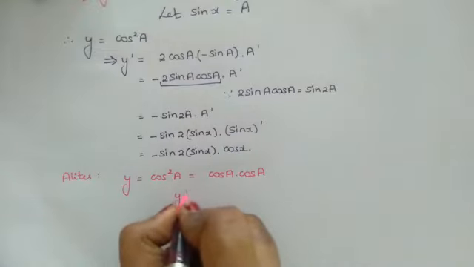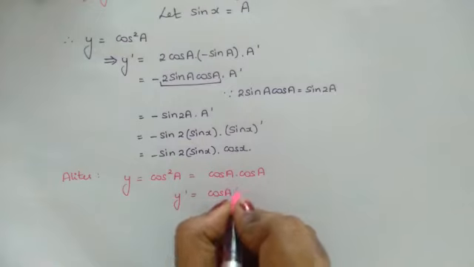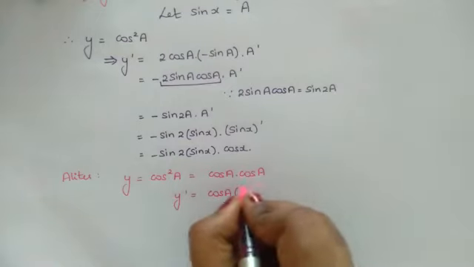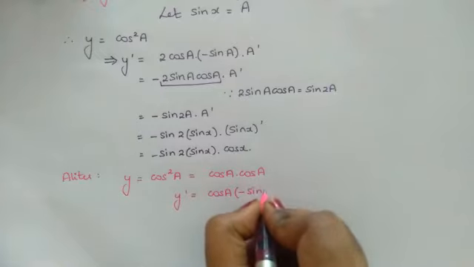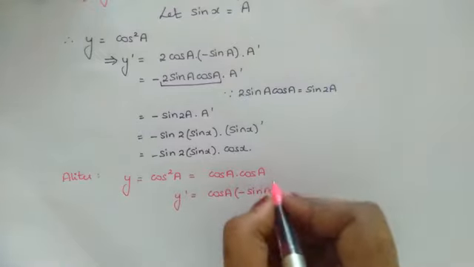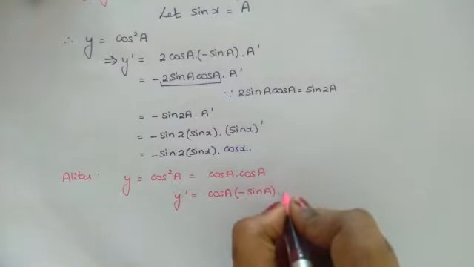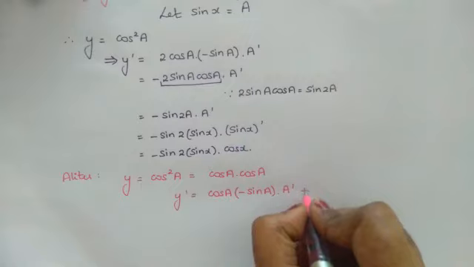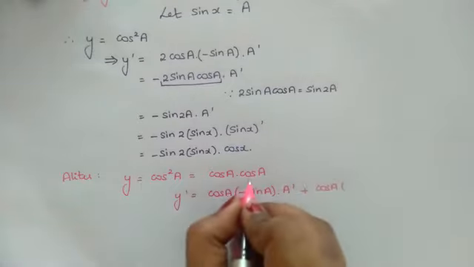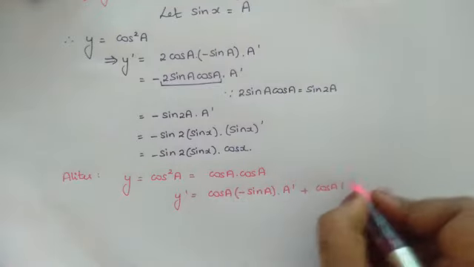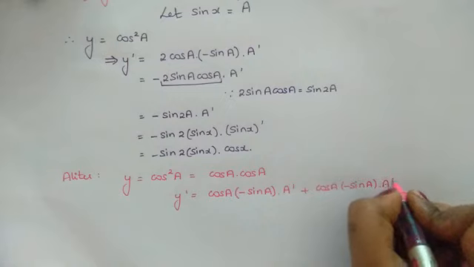So y dash will be: first have cos A as it is, find the derivative of the next cosine function, minus sine A, into the derivative of the inner function, A dash. Then have the next cos function as it is, and find the derivative of the first cos function, that is minus sine A, into the derivative of A again.